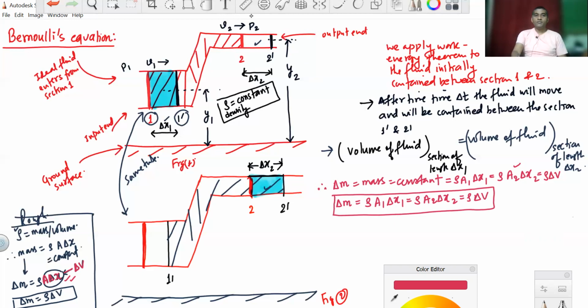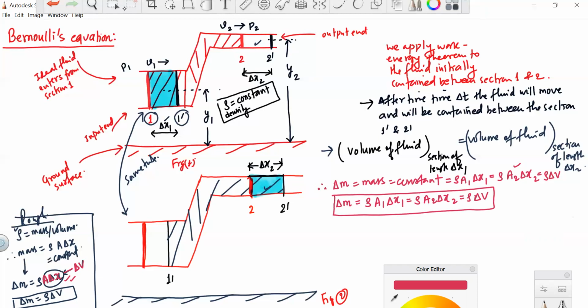Now, as I said earlier, we are going to apply work energy theorem to the fluid initially contained between section 1 and 2. So what we find, fluid is entering from section 1. So work must be done to push the fluid at the input end.